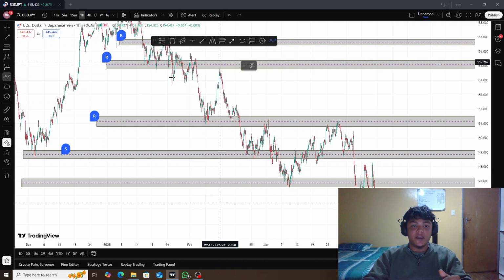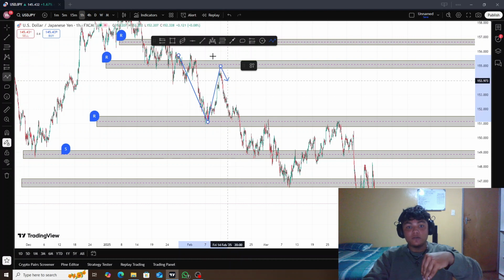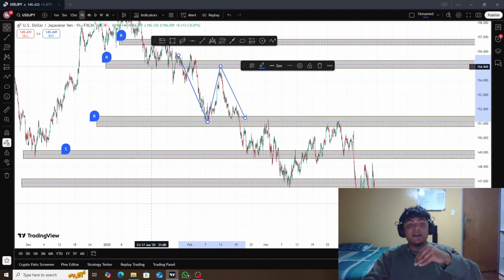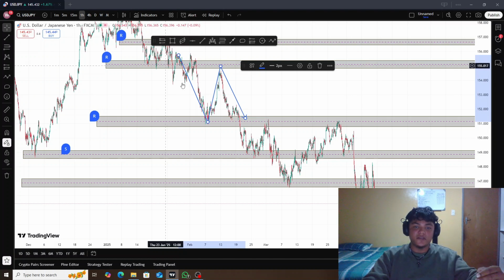So only when the market pushes through the support, retests the level, and pushes down from this level, this can change from support to resistance.